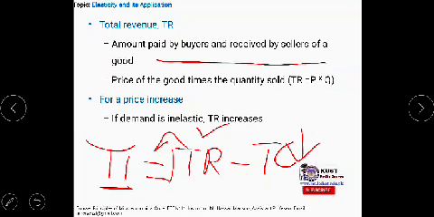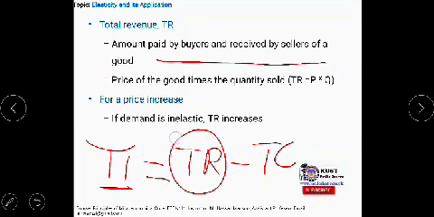In today's lecture, our focus is on one part of this equation, that is the total revenues.